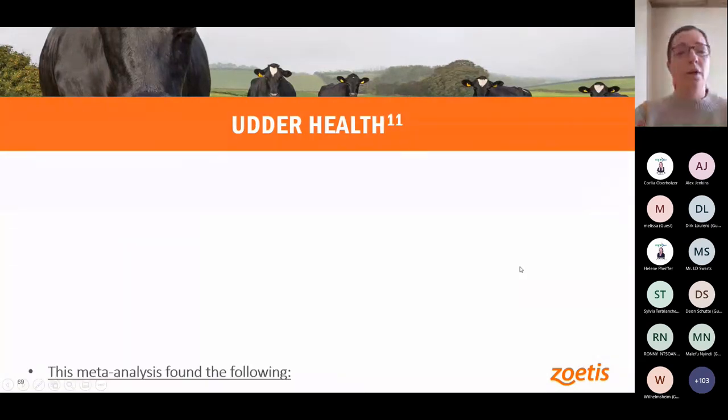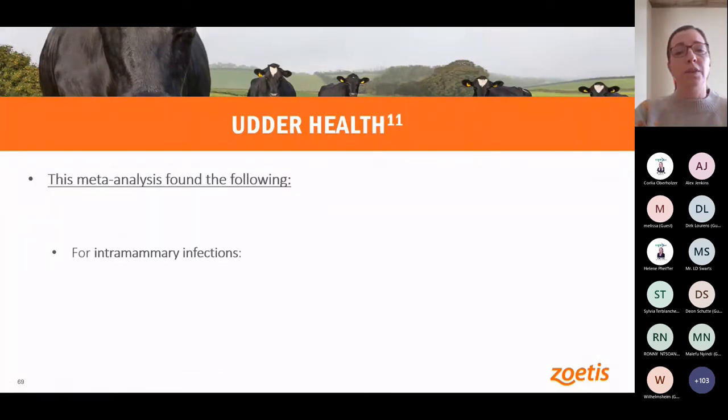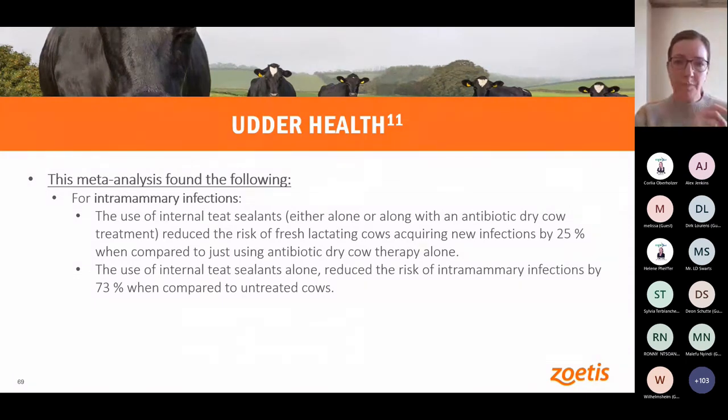What they found for intramammary infections is that using an internal teat sealant, either by itself or along with an antibiotic dry cow therapy, reduced the risk of lactating animals acquiring new infections by 25%, compared to just using an antibiotic dry cow therapy. In other words, if it's used during the dry period, it reduces the risk of those animals acquiring new infections when they start lactating.